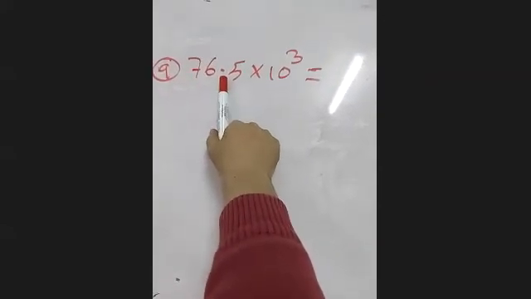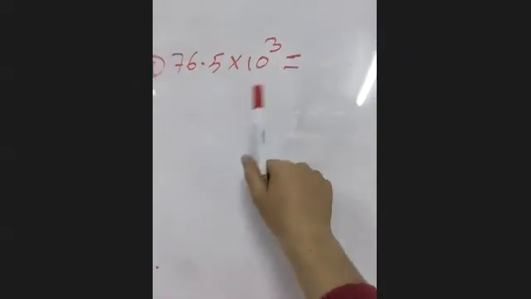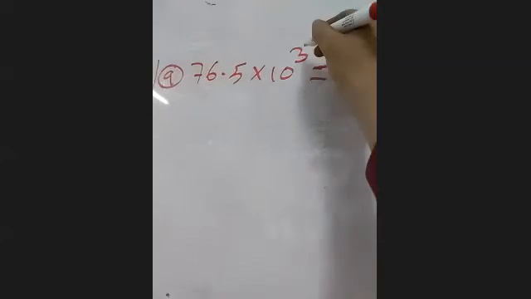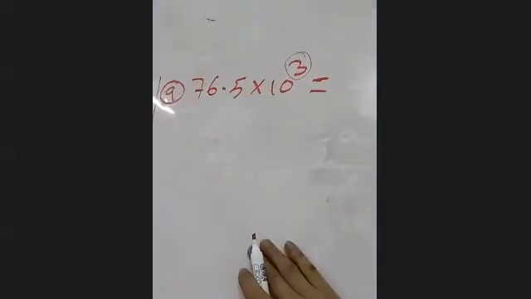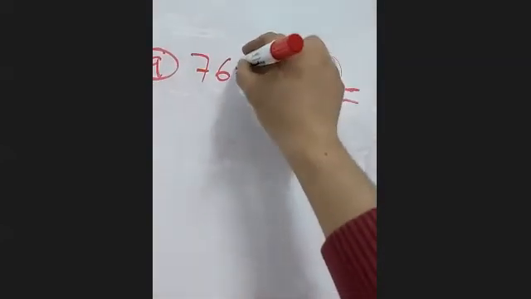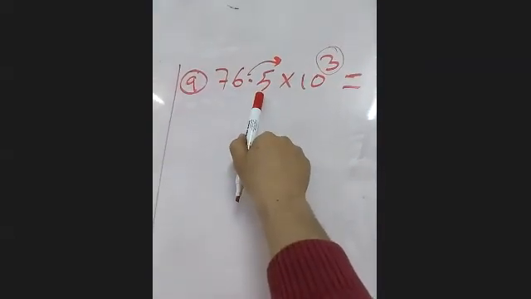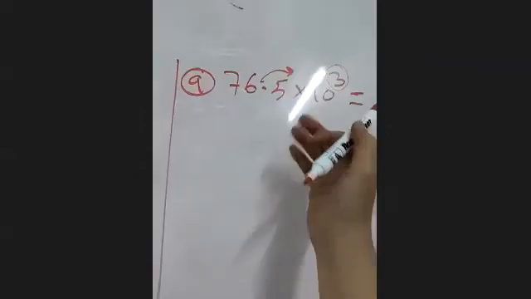Okay, Imran, focus. Look here. Do you see the board? Yes. Here the power is 3, right? So I need to push the decimal 3 digits. But how many digits do I have? 1. So I need to add zeros.